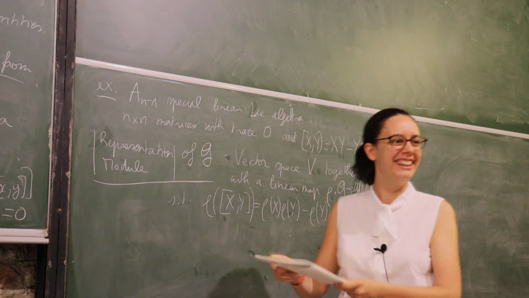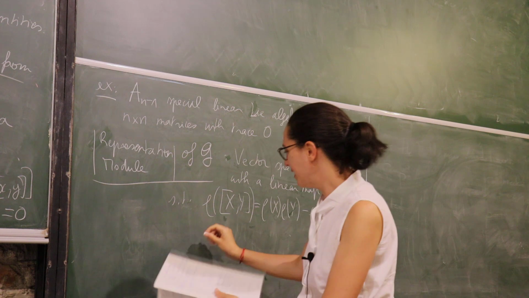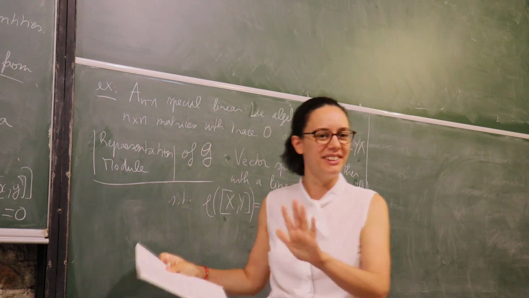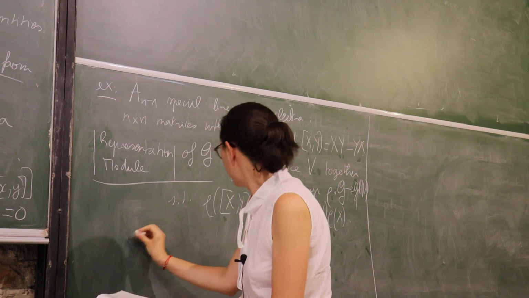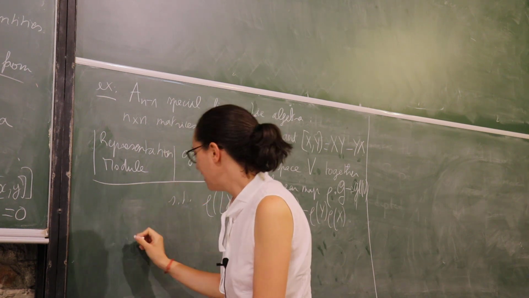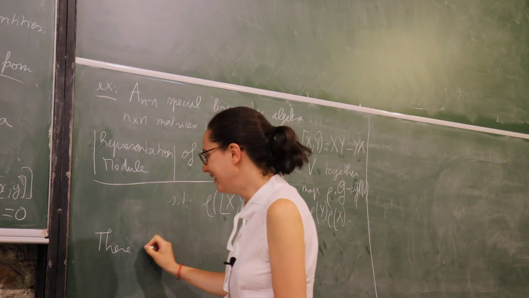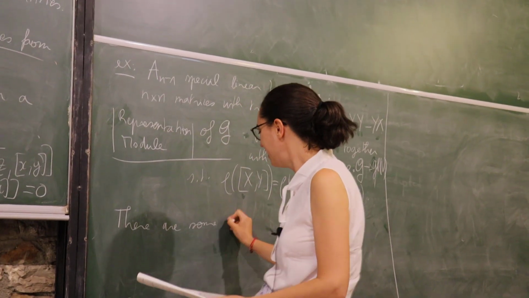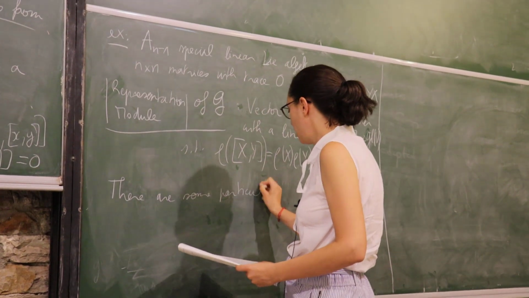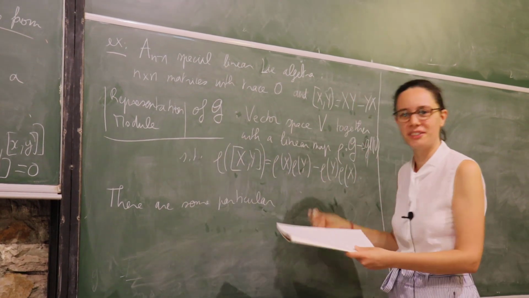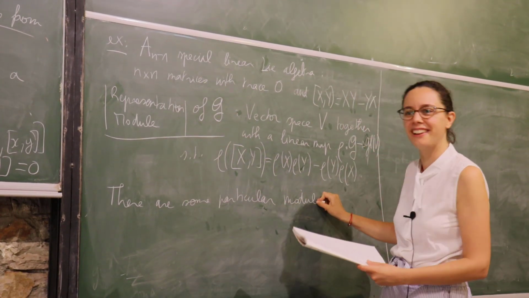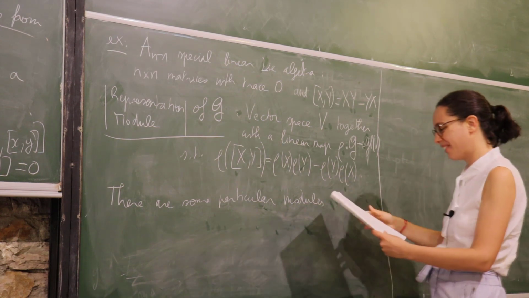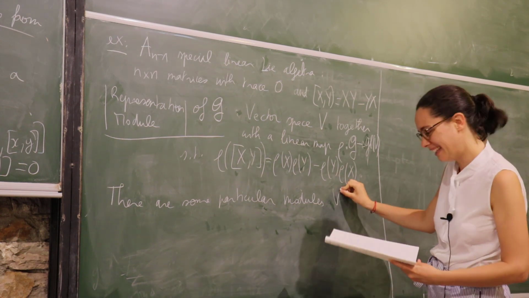I try to keep the definitions to a minimum. So, trust me, there are some particular modules. Usually I use module more than representation, but that's because in the articles I read first, they were always saying modules, so I took that habit.